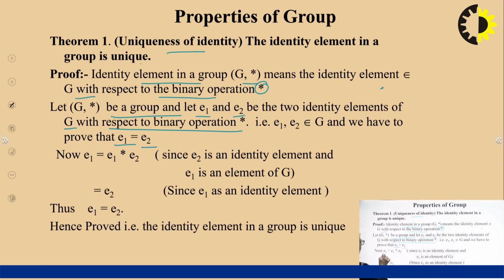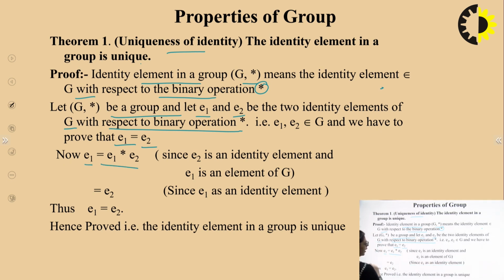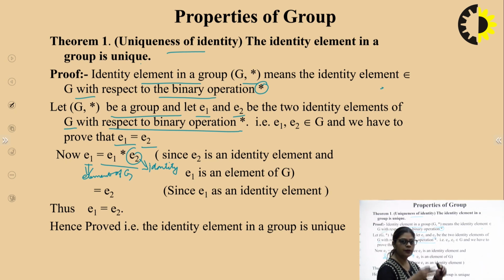Now E1 is equal to E1 * E2. Why this? Here we should see that E1 is an element of G. Now we are supposing here that E2 is the identity. We know that the identity element is also part of the group, from the members of the group only.